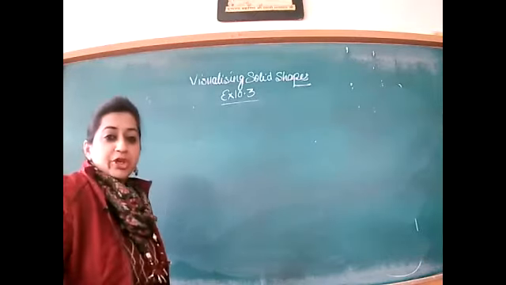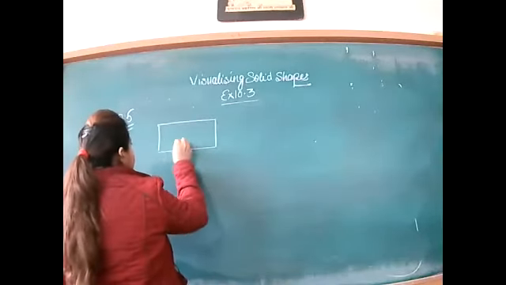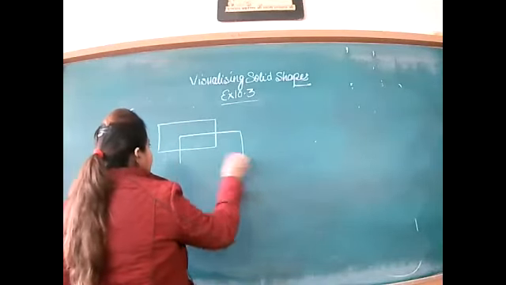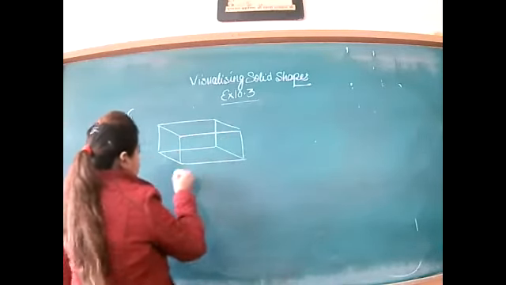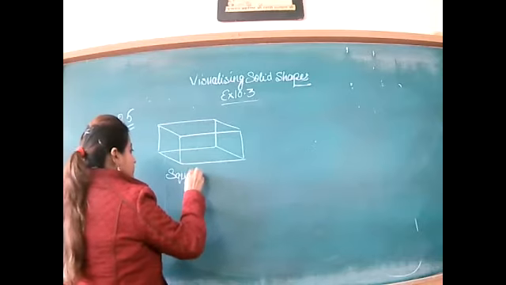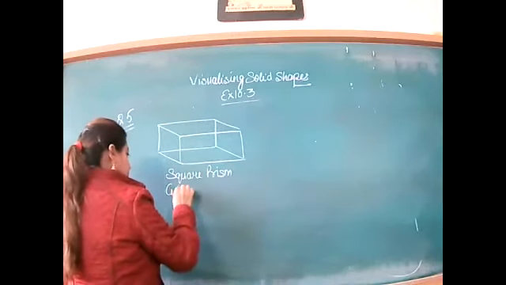They have told you to explain this. What you will do? You will make one cuboid here and one cube here also. This is a square prism, and it is also a cuboid.